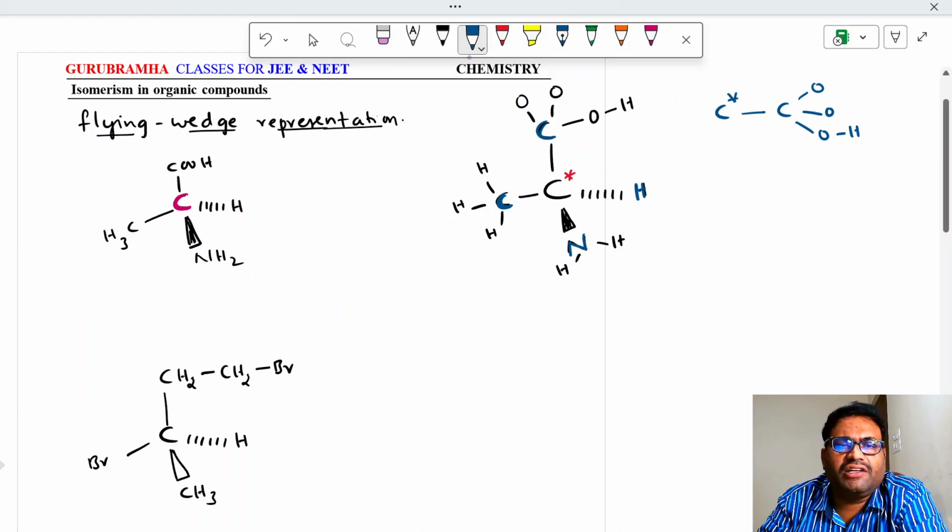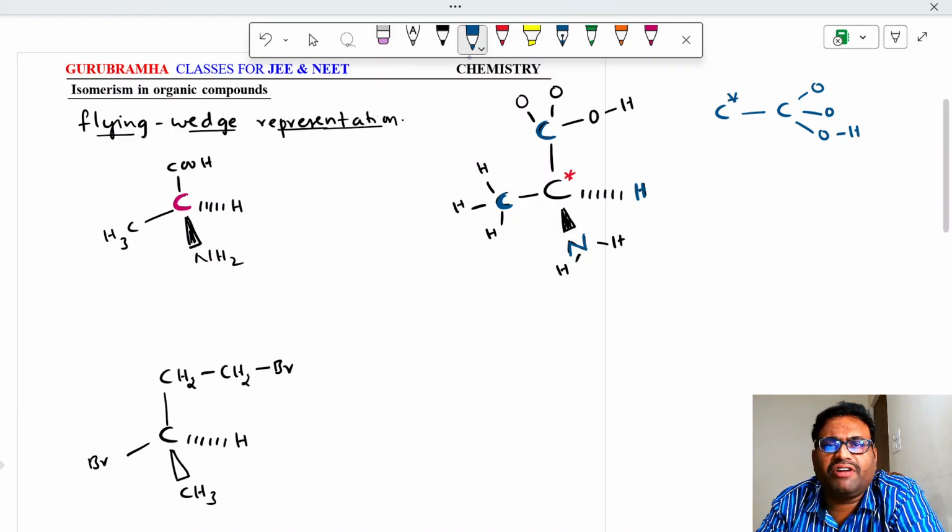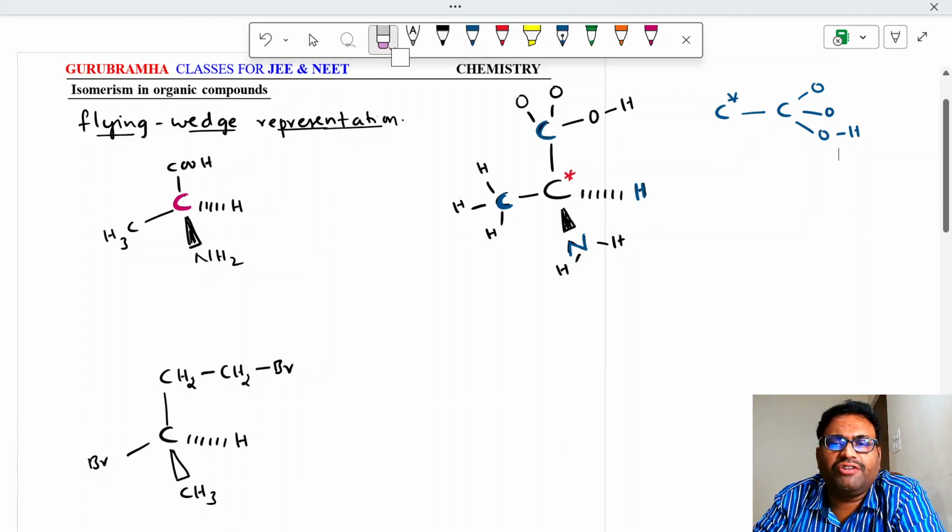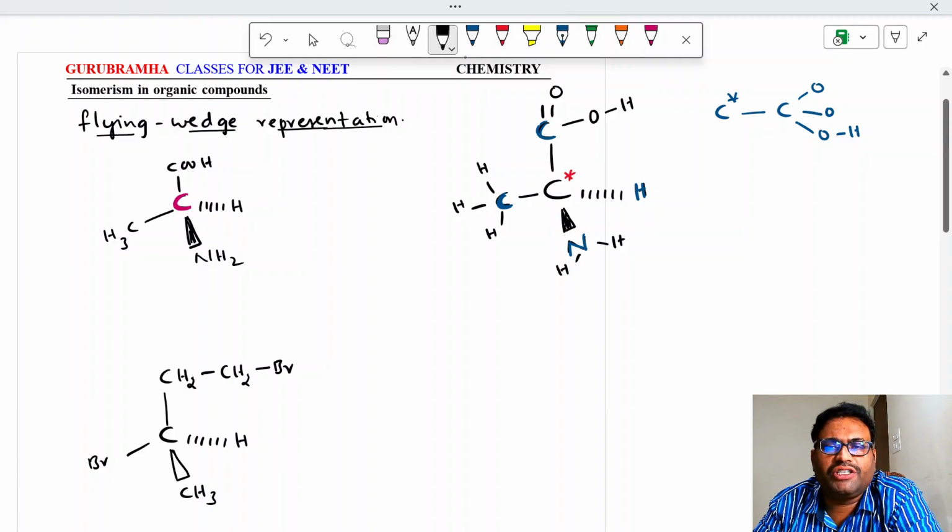Because here, in C double bond OH, the pi bond is converted into a hypothetical sigma bond. In the case when a multiple bond is present, you have to break this pi bond and convert it into a hypothetical sigma bond. Hypothetical means imaginary. You have to consider it imaginary.